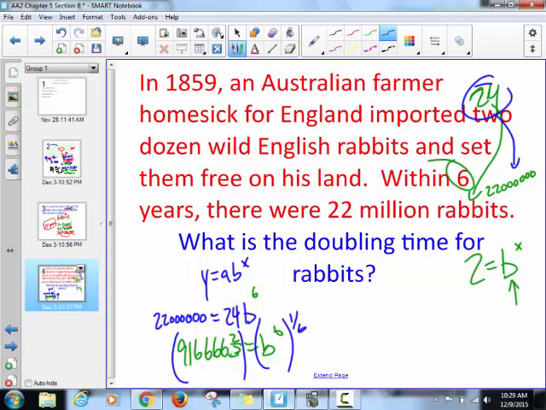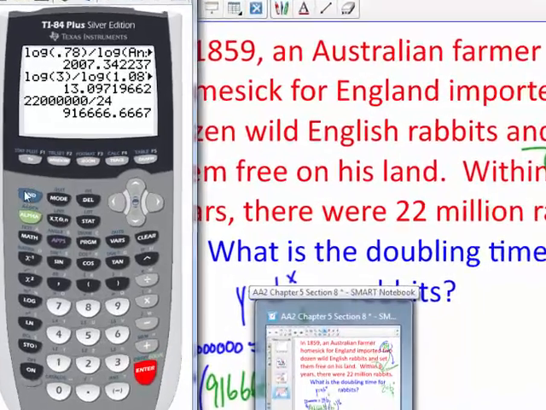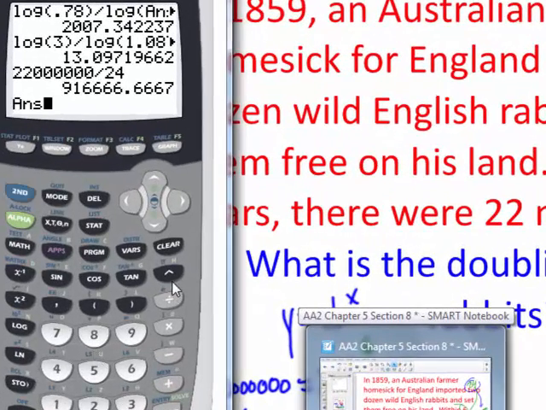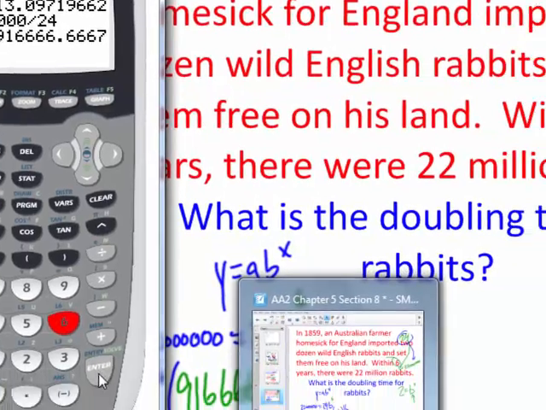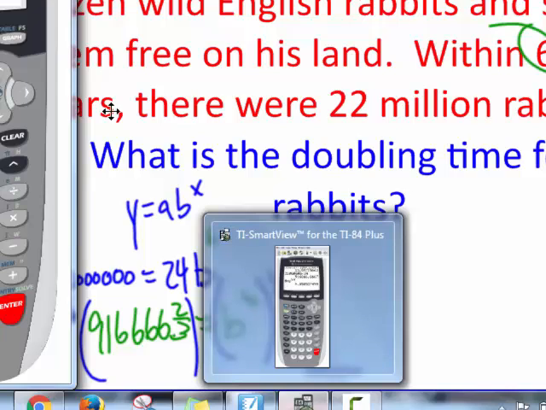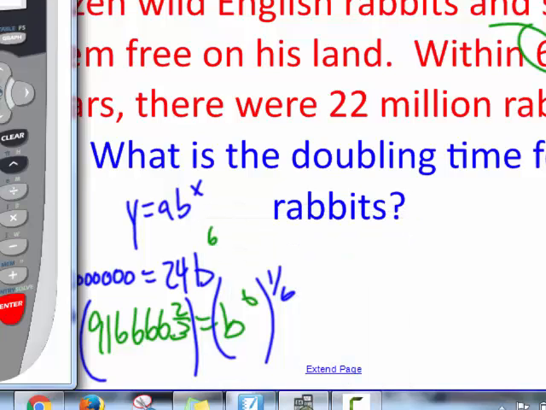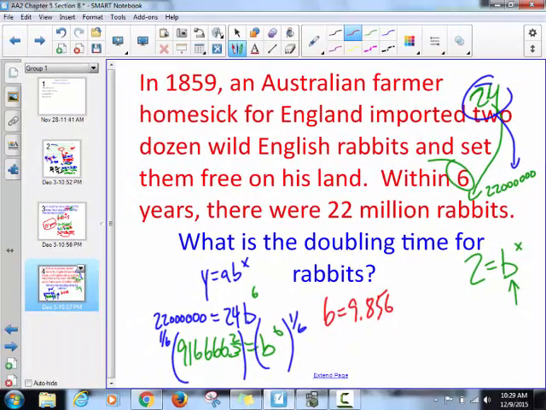So I'm just going to take my last answer and take it to the 1/6 power. This should solve for my common ratio. So 9.856. This would be a nice one to round to. So b equals 9.856. And really, I don't want to round, and we'll see what I mean by that in a second.